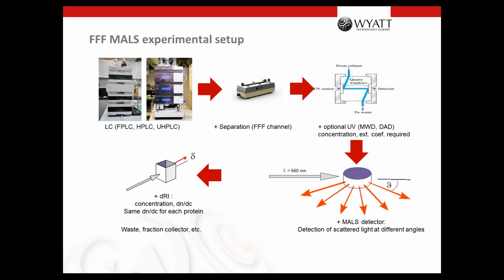After the DRI detector, we have the possibility to let it flow to the waste, or even to a fraction collector. This could be, for example, used if you want to do more studies with the material, like electron microscopy or ICP-MS or something else.